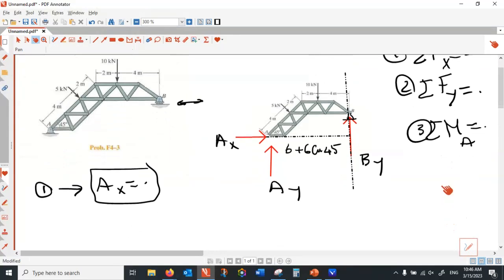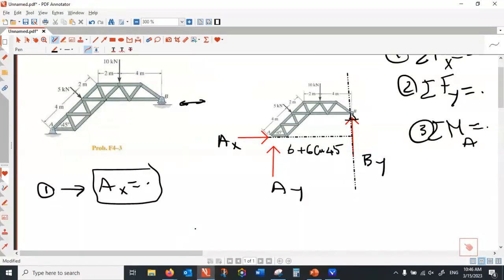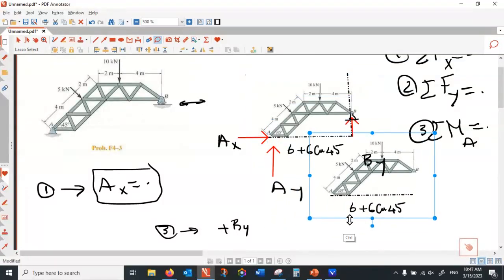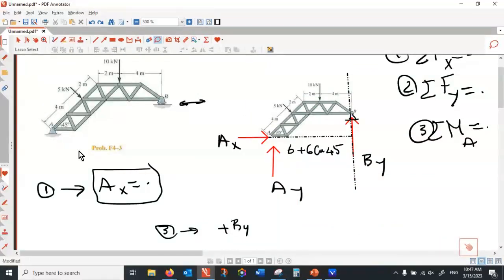So from this point, I can write By with respect to A. Does it rotate positive or negative? Positive, yes, that's positive, By multiplied by this arm of rotation, 6 plus 6 cos 45.